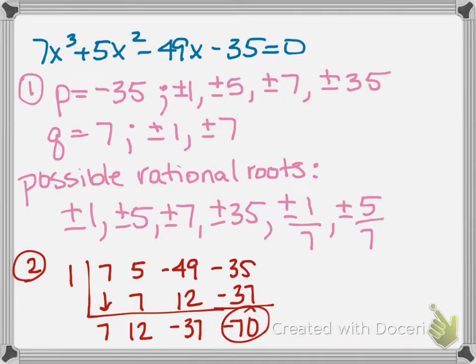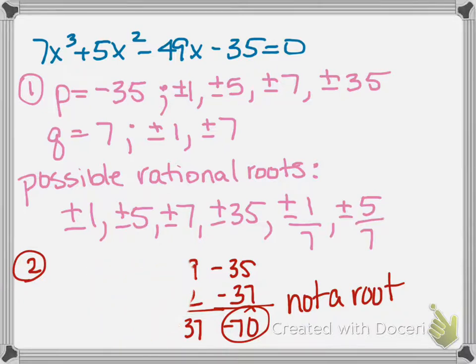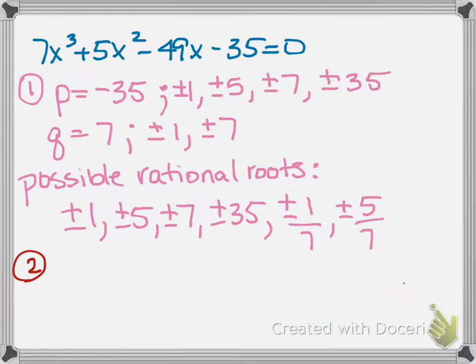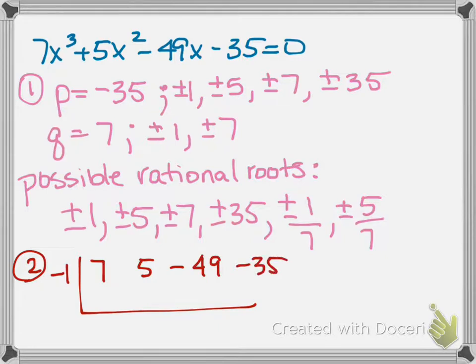And then I would say, okay, not a root. Positive 1 isn't a root, is negative 1 a root? Not that you would have to erase, you just kind of cross out and move on. So let's say, okay, how about negative 1? What are my coefficients? 7, 5, negative 49, negative 35.